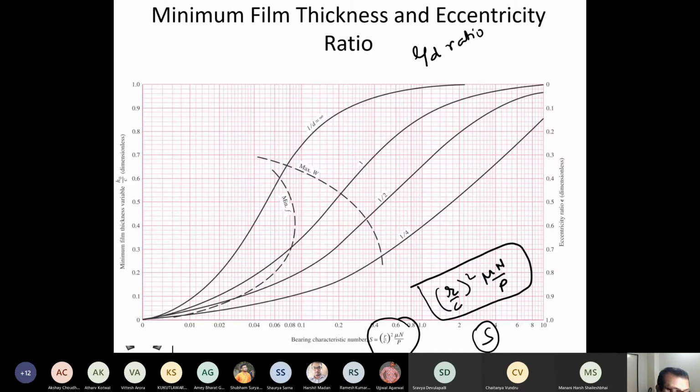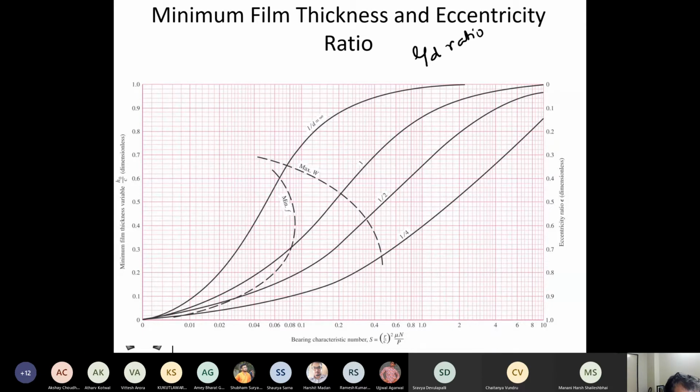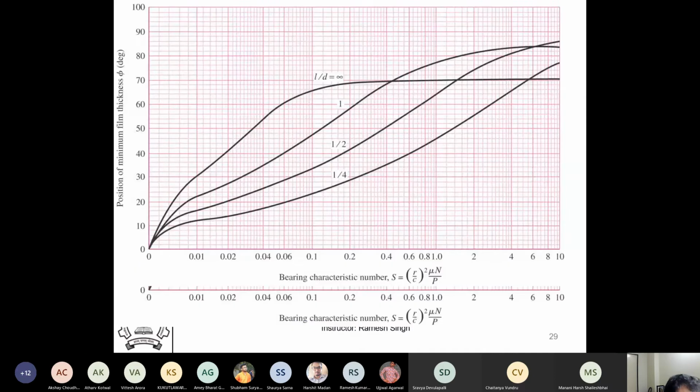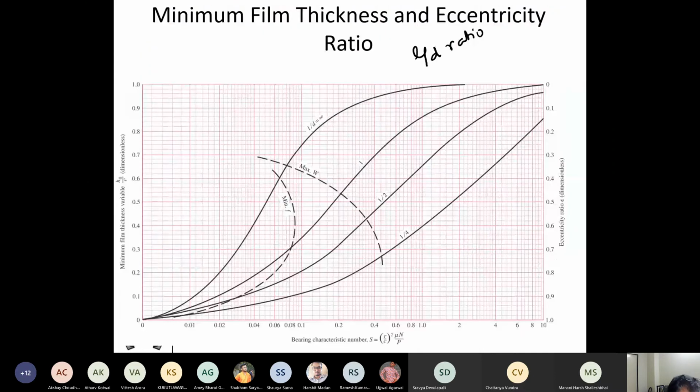So if you know that for different L by D ratios and the bearing number, say my bearing number is 0.4 and L by D ratio is half, I can find out what will be my H naught over C.